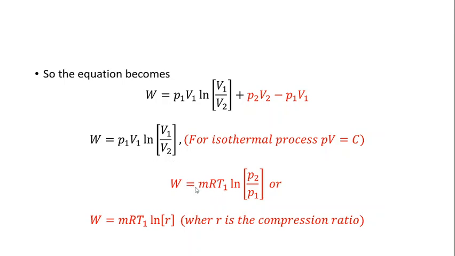So P1 V1 is equal to MRT1 into ln P2 by P1. So what is P2 by P1? P2 by P1 is nothing but the compression ratio. So compression ratio is R. So work done is equal to MRT1 ln of R, where R is the compression ratio.